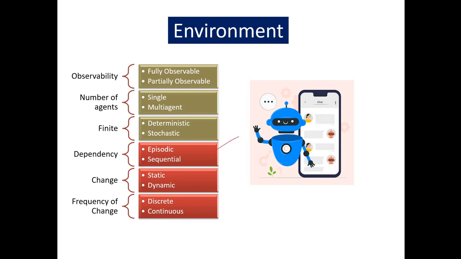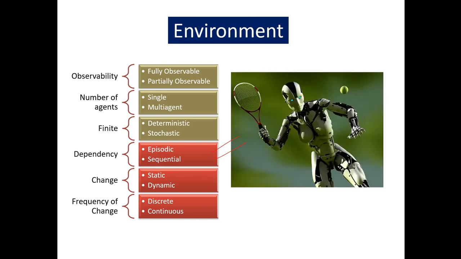It's like one particular episode of a web series. In contrast to that, you have sequential, wherein the actions depend on some n previous actions. For example, this is the tennis being played by the robot.